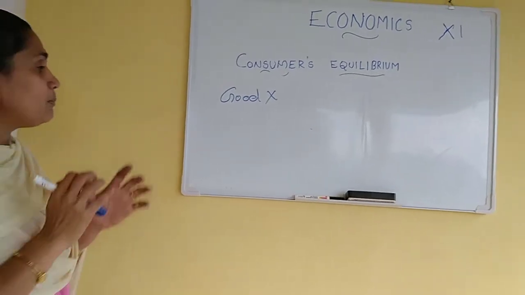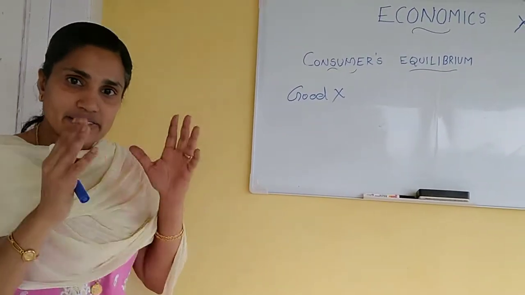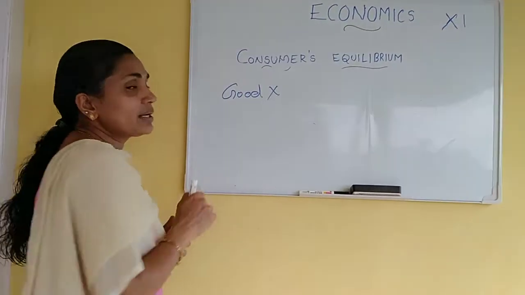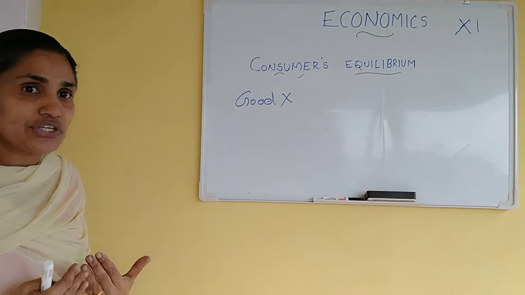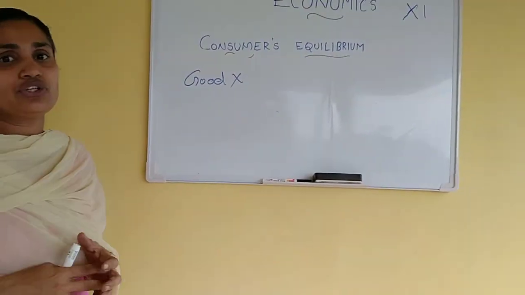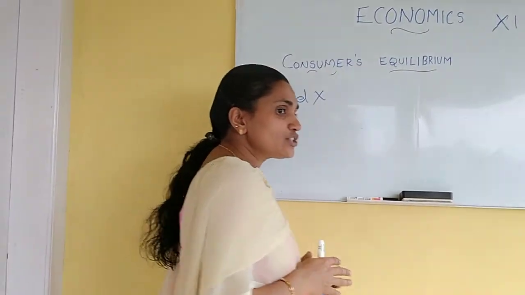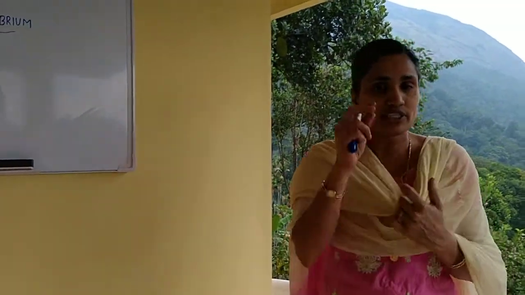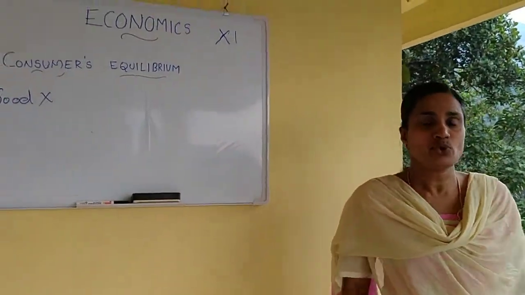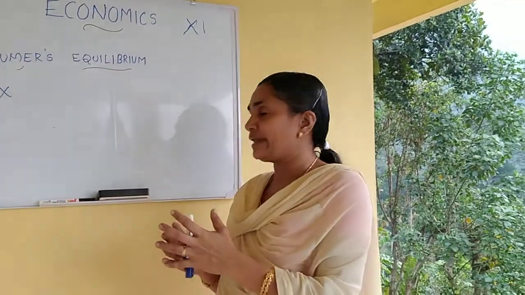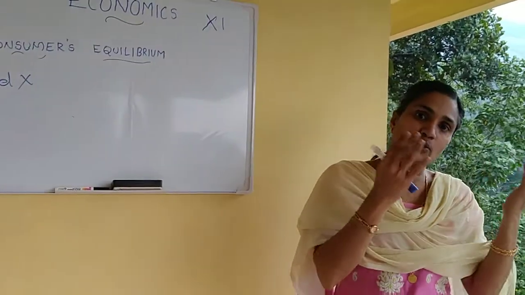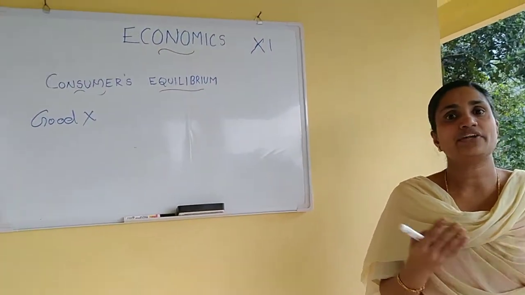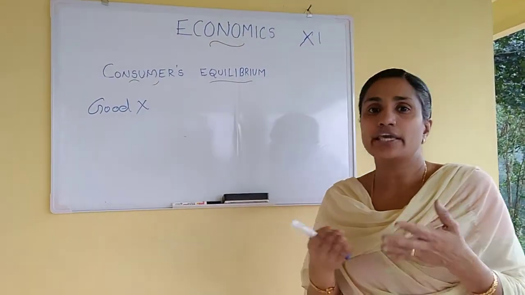At that time, the point where the consumer is in equilibrium decides the price of the commodity and the marginal utility derived from the particular commodity. A rational consumer always tries to maximize their satisfaction within the limited income. So in that case, the price and the marginal utility, or the gain or loss, is related to the consumer's equilibrium.